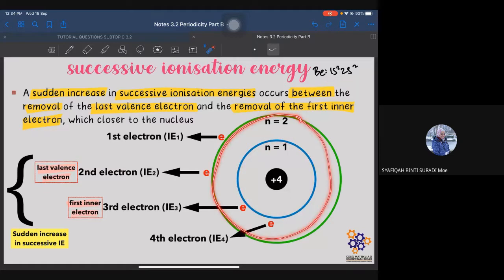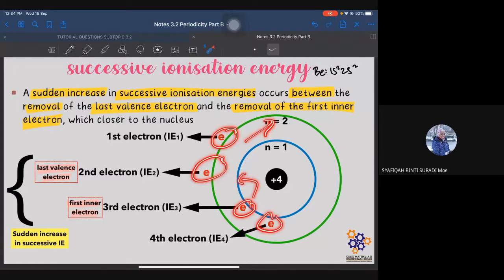N equals to 2 refers to 2s2 lah. Dekat sini ada 2 electron from n equals to 2, 2 electron from n equals to 1. Okay. So, kita nak remove first electron. Kita remove daripada n equals to 2. First IE kita remove daripada n equals to 2. Jadilah 1s2, 2s1. Okay.